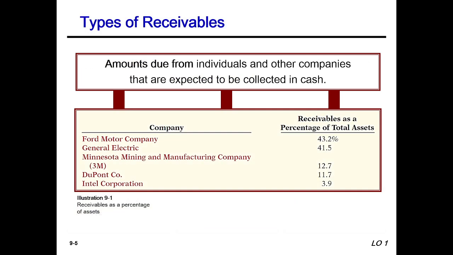Now, types of receivable, we are continuing. Amounts due from individuals and other companies that are expected to be collected in cash. This chart shows receivables as a percentage of total assets for companies 1, 2, 3, 4, 5.